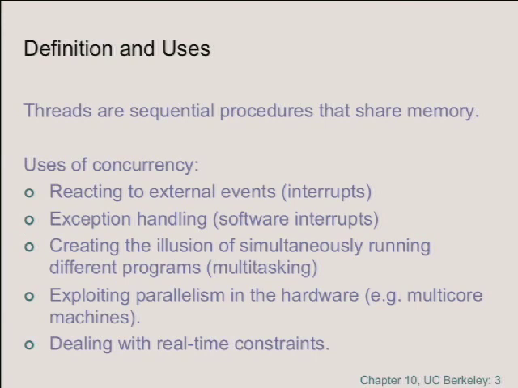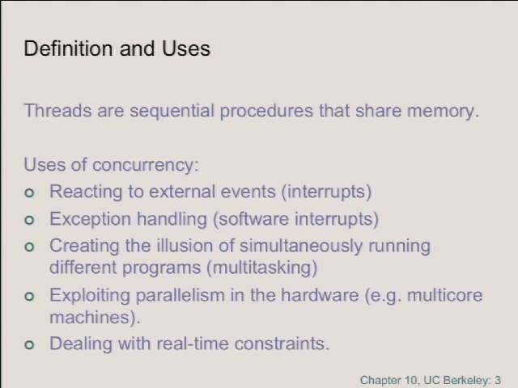The program is running sequentially, reading and writing memory addresses, and when things are happening concurrently, it may be an illusion. It may be just that they're actually happening sequentially, and things are getting stalled and suspended temporarily. Okay, so the third bullet here says that another use of concurrency is creating the illusion of simultaneously running different programs, even when you're not actually able to simultaneously run different programs.